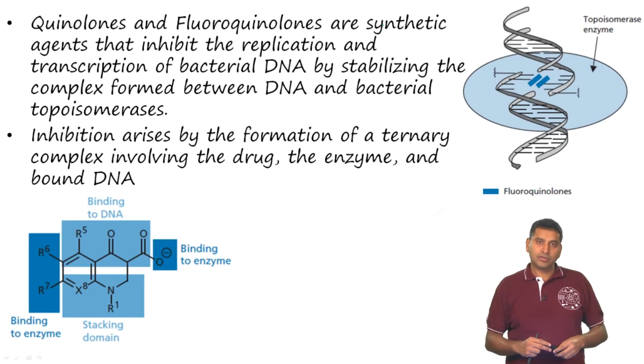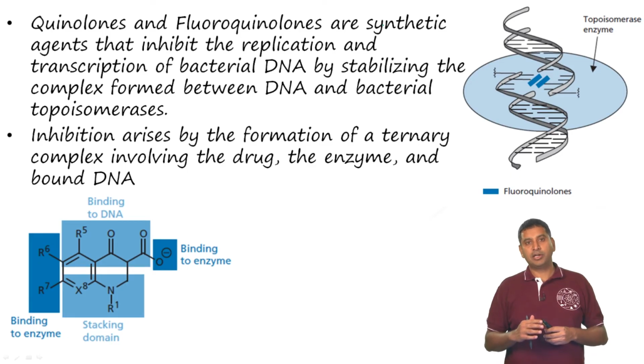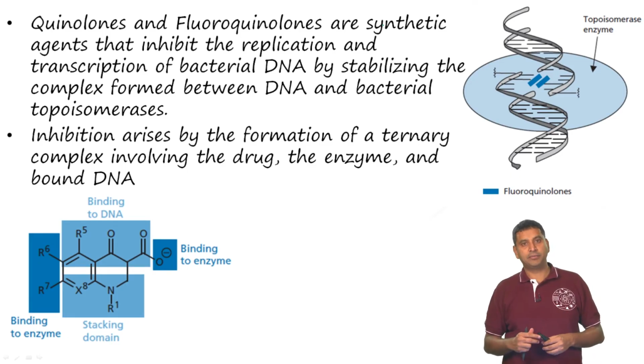The next class of drugs that interact with DNA are quinolones and their fluorinated derivatives, fluoroquinolones. They both are synthetic agents and they both inhibit replication and transcription, and they are antibacterial compounds, so they inhibit replication and transcription of bacterial DNA.